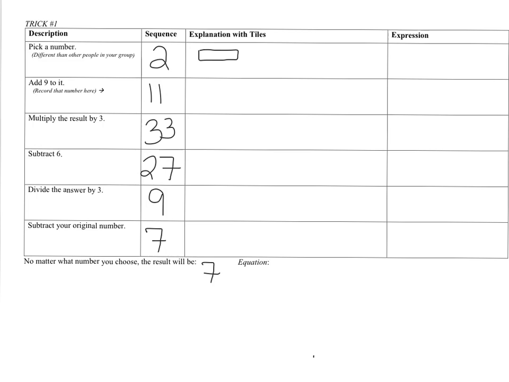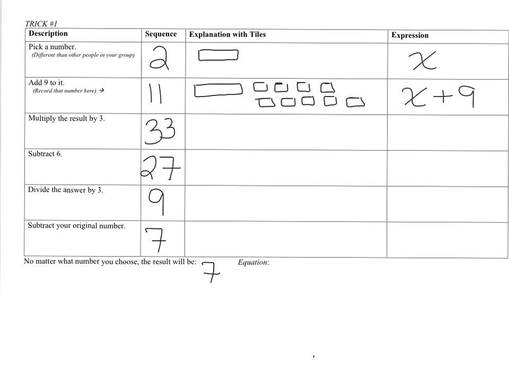So in an expression, well, that's X. Then I said add 9 to it. Okay, well, now after you have 9, you have your X and 9 little ones tiles. And so your expression is that you had an X and now you have X plus 9.